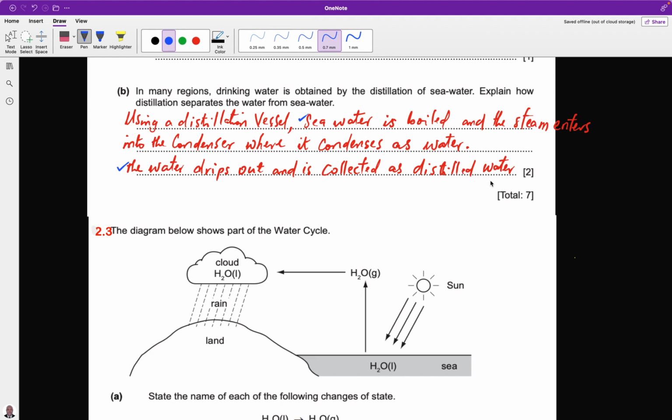When the seawater boils, we are now transforming it from the liquid seawater to water vapor. That is as steam. So as seawater is boiling, it is now transformed into steam and enters into the condenser. In the condenser, it will condense as water and be dripping out into a collecting vessel as distilled water. It's 2 marks.